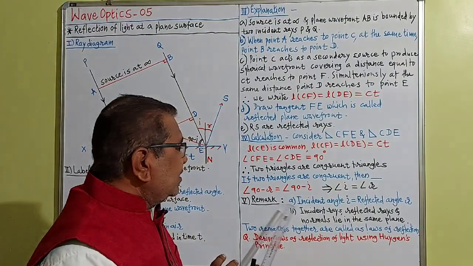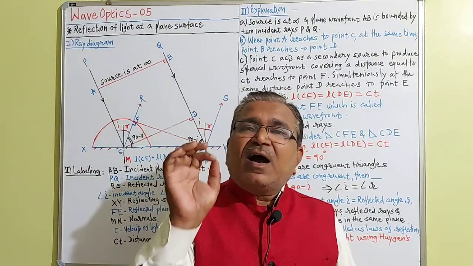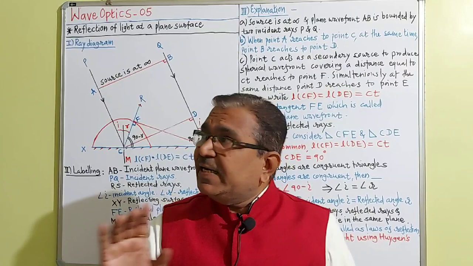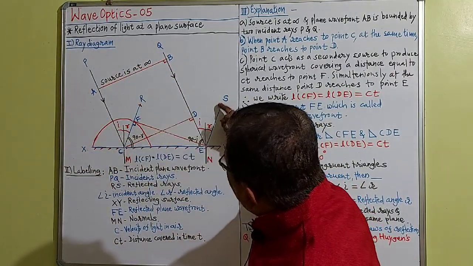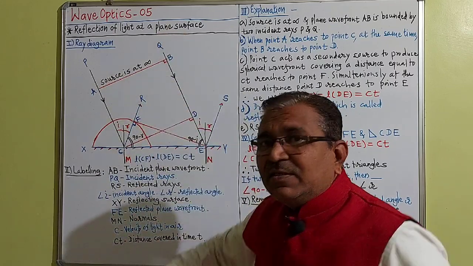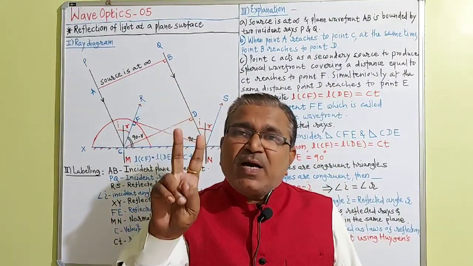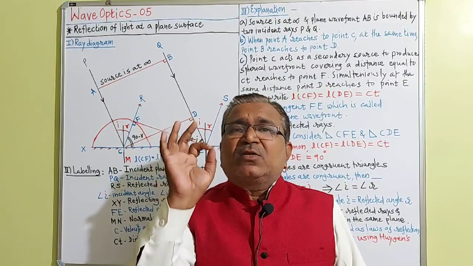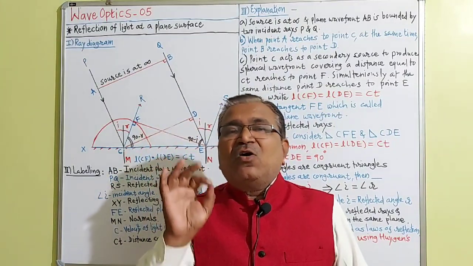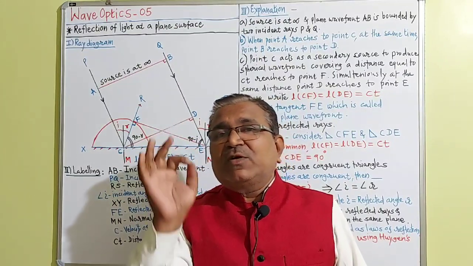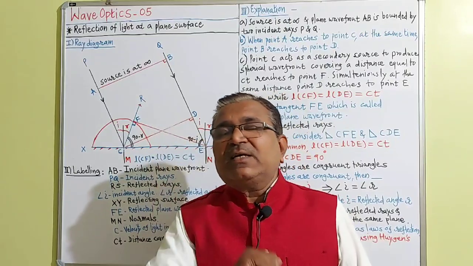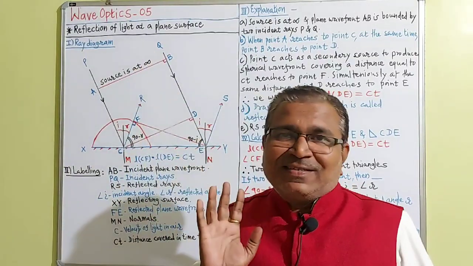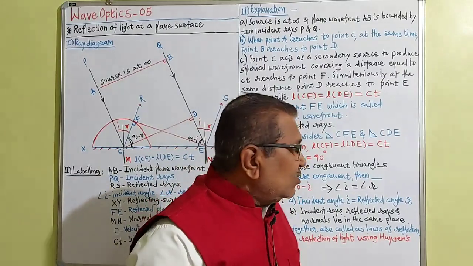The first remark is that incident angle I is equal to reflected angle R. Another most important thing is that the incident ray, reflected ray and normal lie in the same plane. These two remarks together we call the laws of reflection.